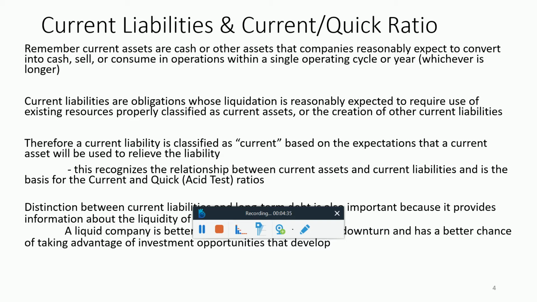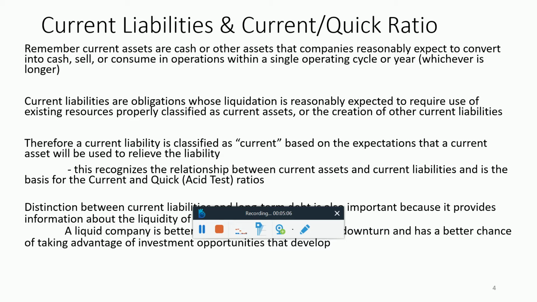When we think about current liabilities, those are obligations whose liquidation means settlement, whether that be settlement in cash or settlement in terms of providing a service, is reasonably expected to require the use of existing resources that are classified as current assets, or alternatively, they could also create other current liabilities. The easiest example that I can explain for this is if we go back to buying goods on account, right?